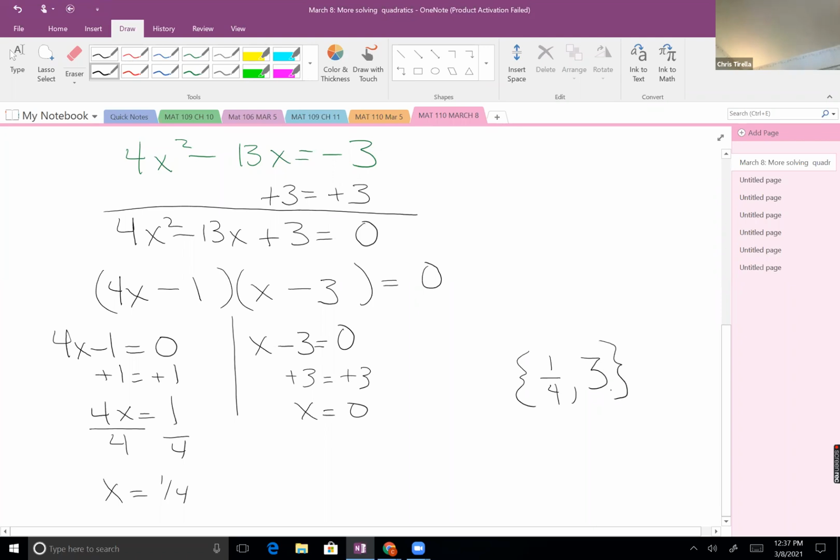Did anybody else get 1/4 and 3 as solutions? Yep. Does anybody need details getting from that original equation to those solutions, or are we all right?